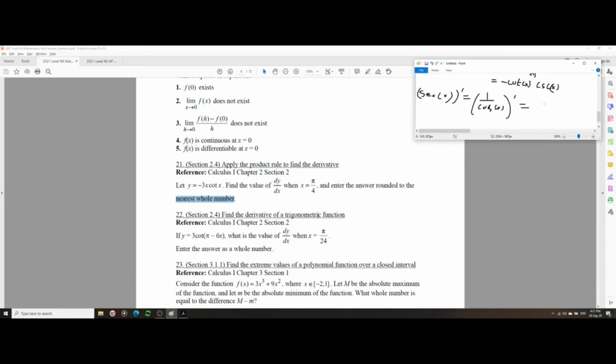Again, just do cosine to the minus 1, derivative of that. I'm not going to write the x because it's kind of annoying.